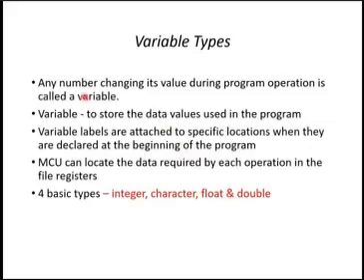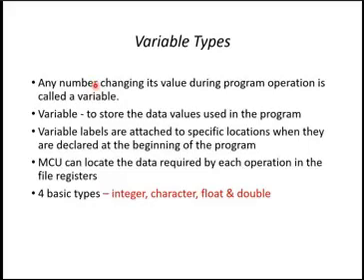Looking at the variable, we can say that the variable consists of several types. Basically, there are 4 types. We call it integer, it can belong to integer, it can belong to float, and also double.